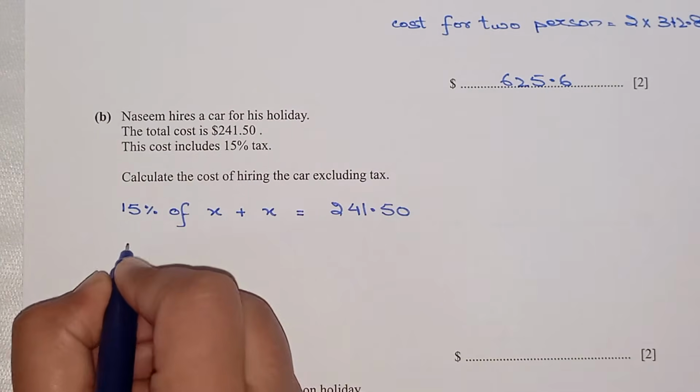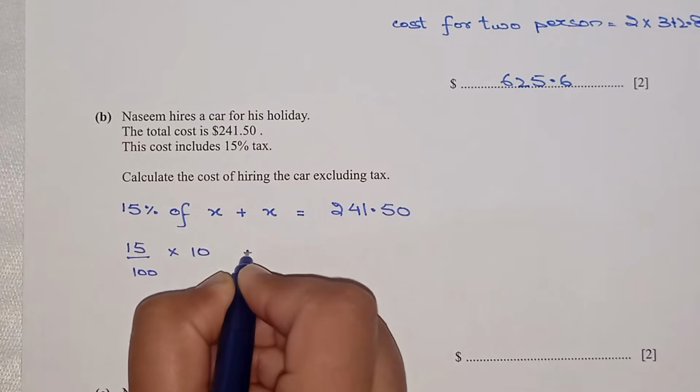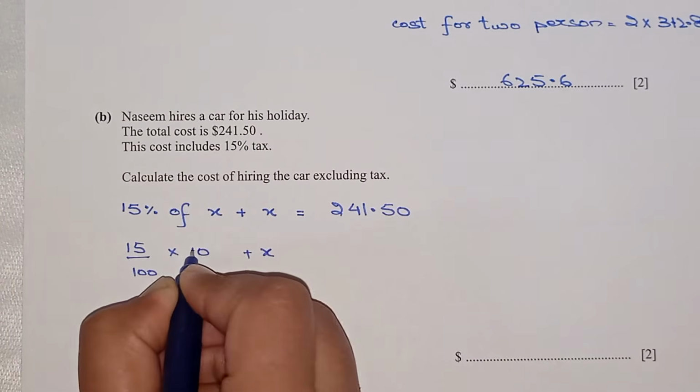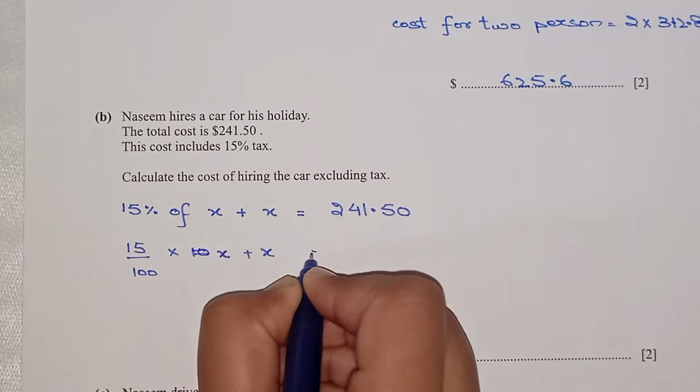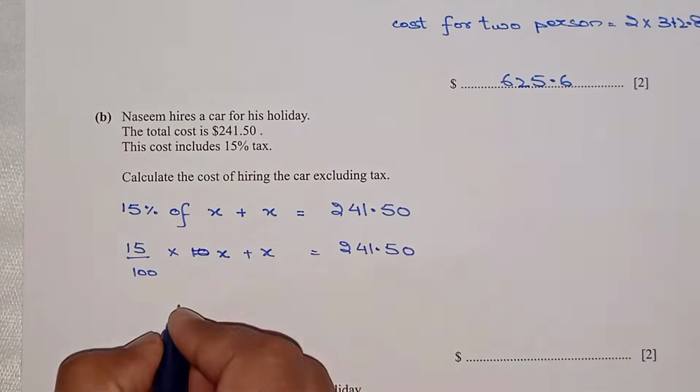Okay, so this is 15 divided by 100 times x plus x. This would be equal to 241.50. Right? So let me take x common.